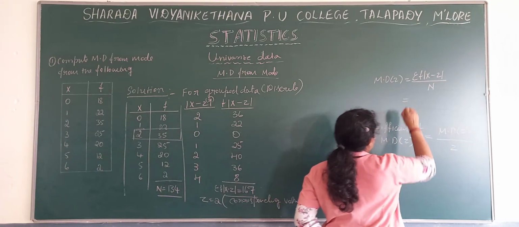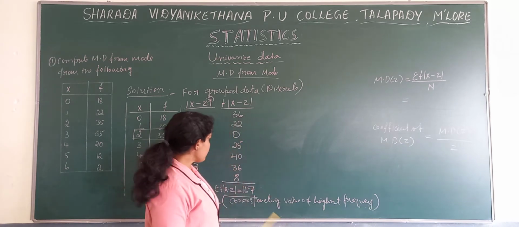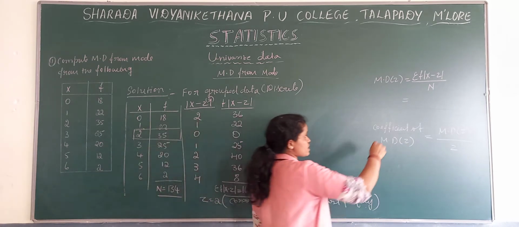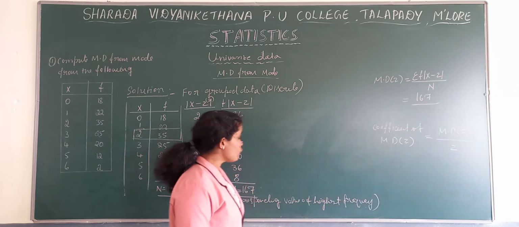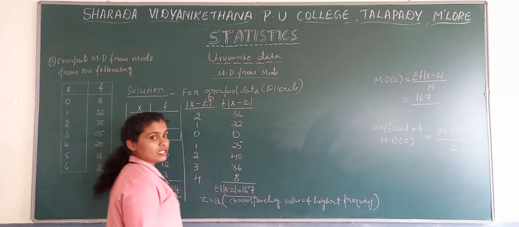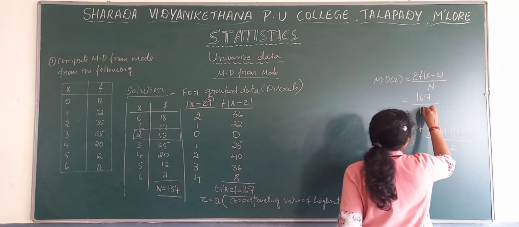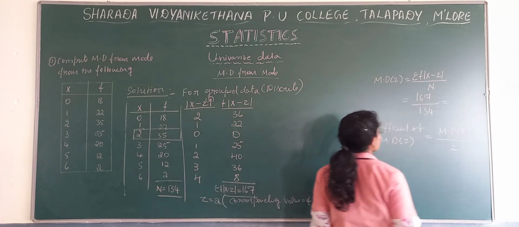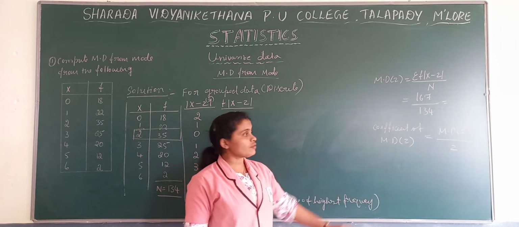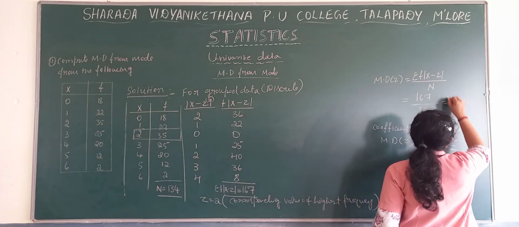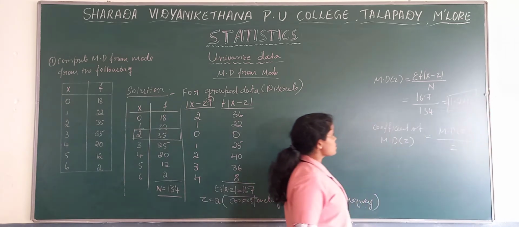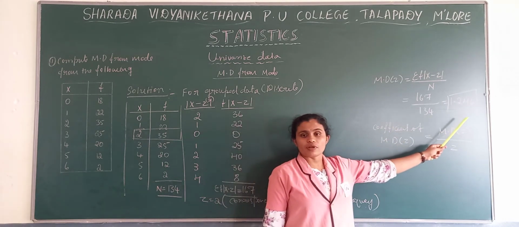Now move towards the calculation. We have written the formula already. Sigma f modulus x minus z is 167, and the value of n is 134. So 167 divided by 134, there we get 1.246 as our mean deviation from mode.